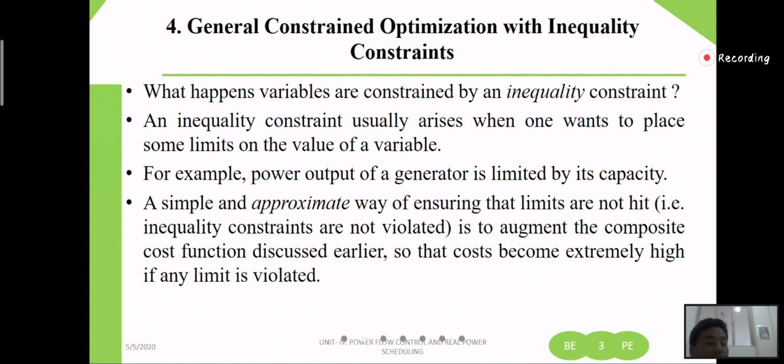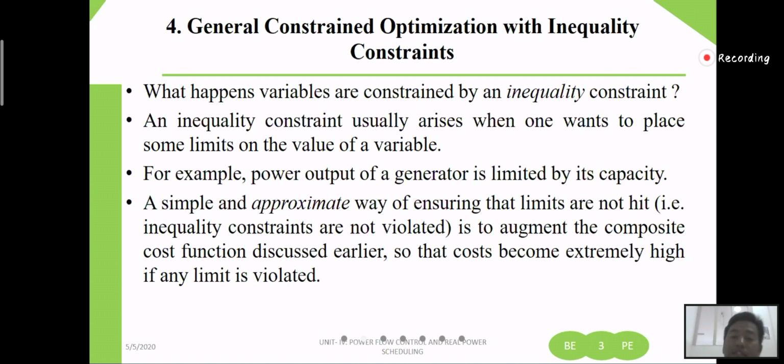In the equality constraint, we are not considering any input, just the rating of the machine. So P1 will generate this much, P2 will generate this much, but we have to see other constraints like inflow to the turbine. So whether you will get enough inflow to generate this set amount. So now this will become an inequality, which means maximum and minimum.